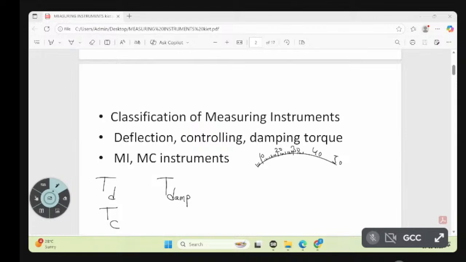Initially the pointer is at 0. The torque required to move the pointer from the initial position to the required position is known as deflecting torque.